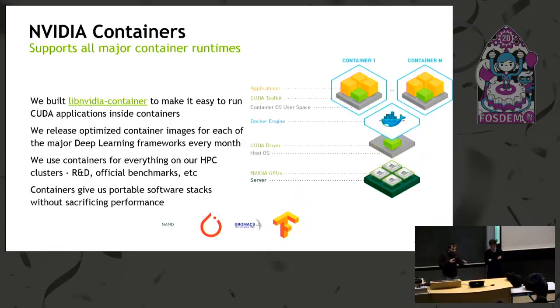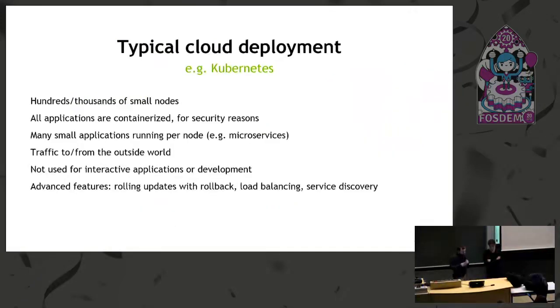We use containers at NVIDIA for deep learning and HPC because some of these apps are difficult to package and install, and they sometimes conflict with each other. So we put that in a container and put it on Docker Hub, or in our own container registry. People can download those and have a stack already installed for TensorFlow, PyTorch, biology and so on. We use containers for a lot of things, even benchmarking, and especially for machine learning and deep learning.